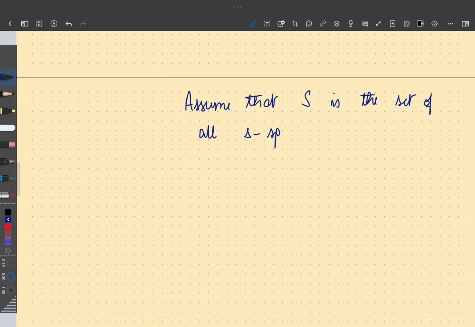Let's say little s sparse vectors in R^D. This whole area goes broadly by the name compressed sensing.